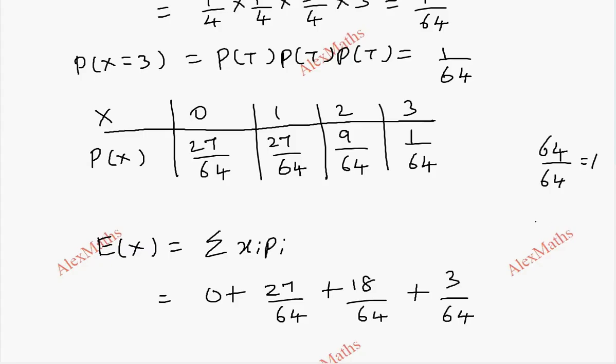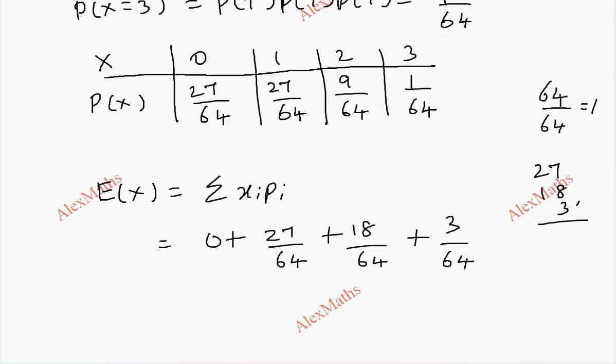So by adding 27, 18 and 3, this will be 48 by 64. You can cancel with the 16 table, which is 3 by 4.